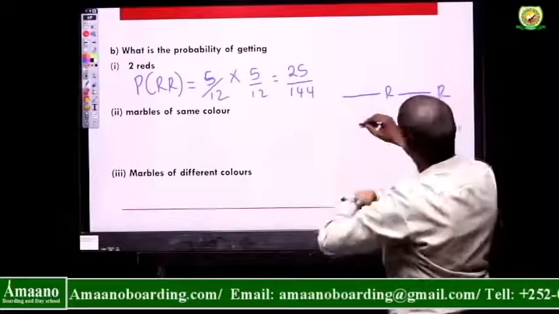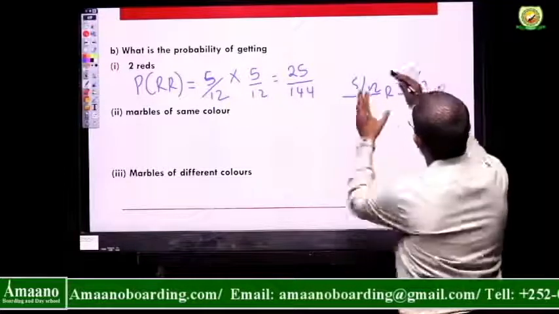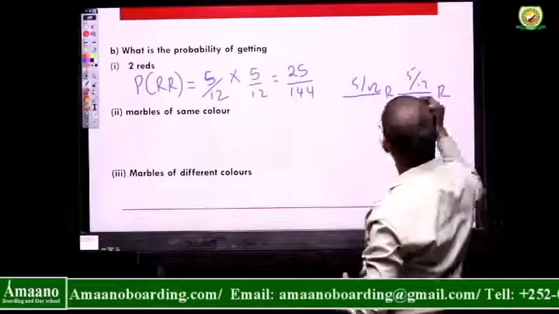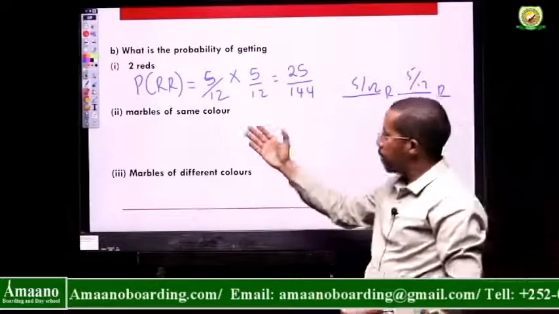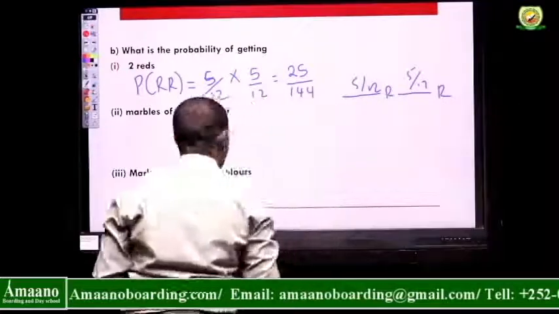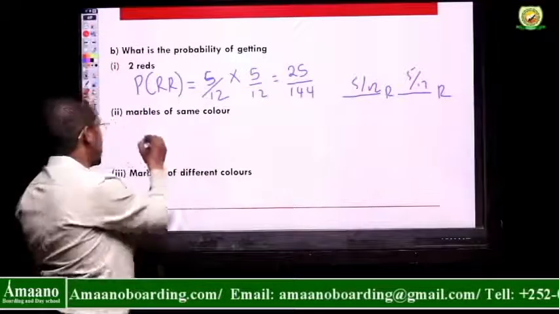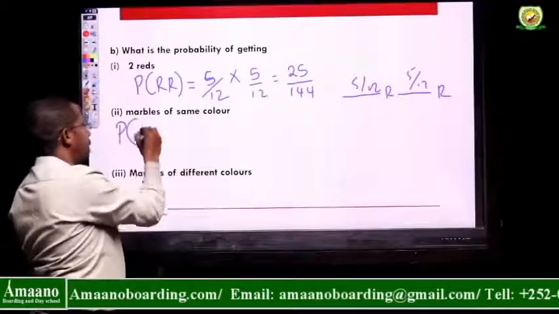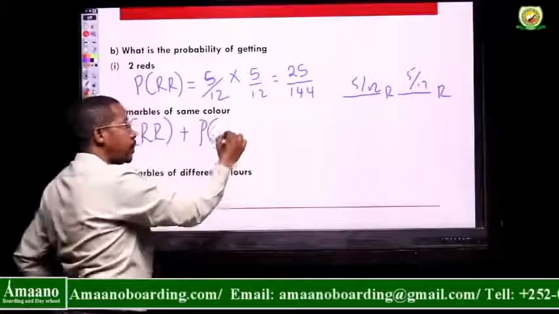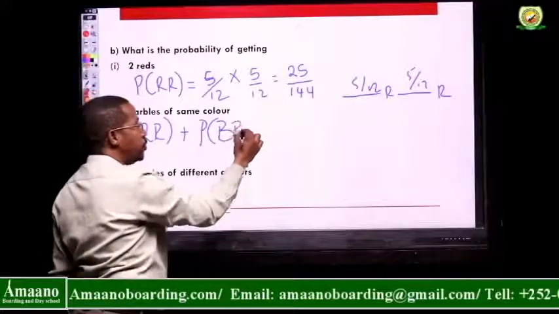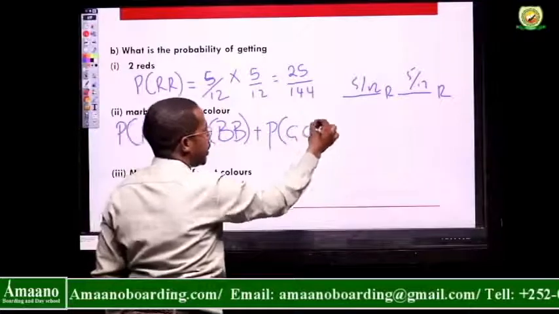If you go back to our probability tree diagram, you will see here we have 5 over 12, 5 over 12. So you multiply those two to give you the probability of 2 reds. What's the probability of getting marbles with the same colors? On our tree diagram, same colors will be RR, or blue and blue, or green and green.